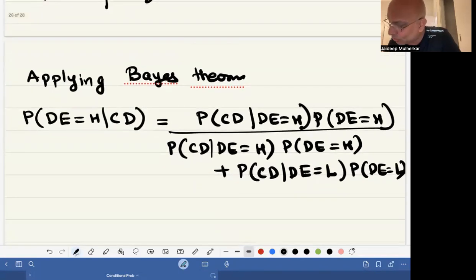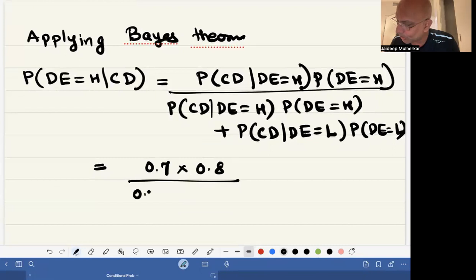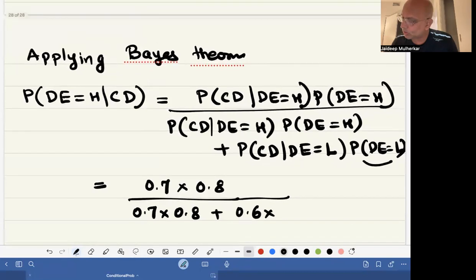Okay, so let's put in the values. This is our likelihood that the data is such given the drug efficacy is high, which is 0.7. This is our prior belief, which is 0.8. And this is again the same term over here, plus 0.6 times 1 minus 0.8, so that is 0.2, right?